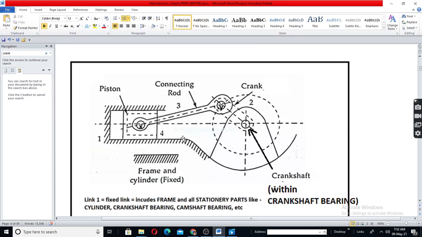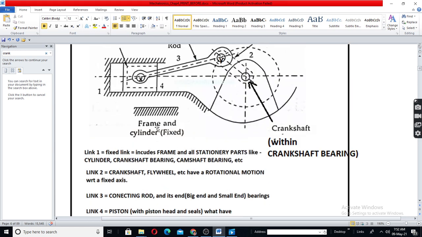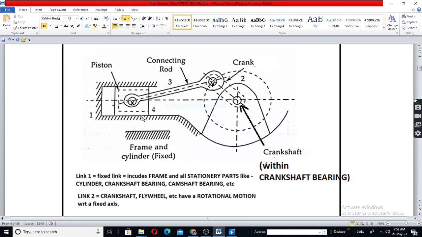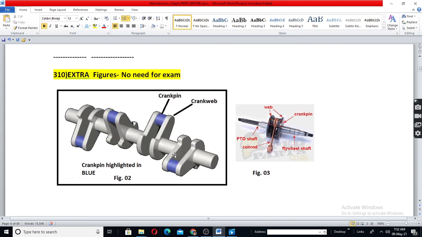Different figures are there. It's all written here, you can see in the notes. For multi-cylinder, you have your crankshaft, this is the crank arm, and this is a crank web where the crank pin is connected. Sometimes there can be a bearing here. We call it a big end bearing, and in the piston it is the small end because there it will be small, I think. Here it will be bigger.